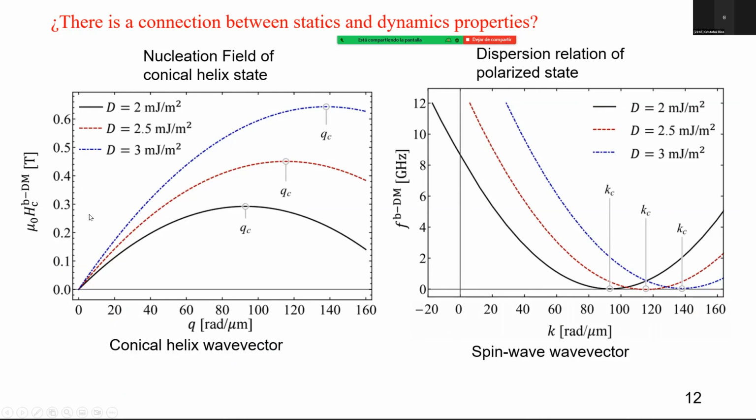And as Aharoni said, the system will transition to the state that has the bigger nucleation field. And we realized that when we calculate the dispersion relation from the same system, but in a polarized state, the critical wave vector matches the conical helix wave vector from the magnetic texture.